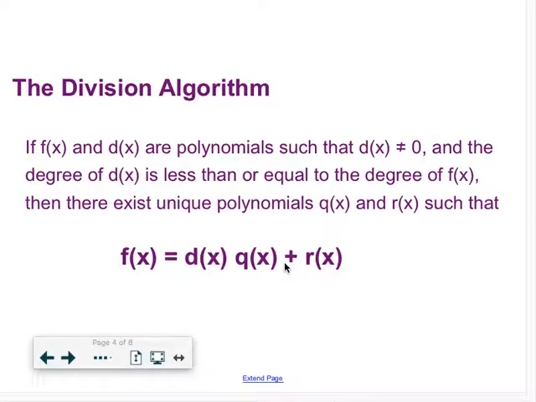So we're going to start with this lengthy mathematical definition of the division algorithm. I'm going to give you time to jot it down. And I know it's kind of a drag. I could have just put the division algorithm in my own words and made it super easy for you.